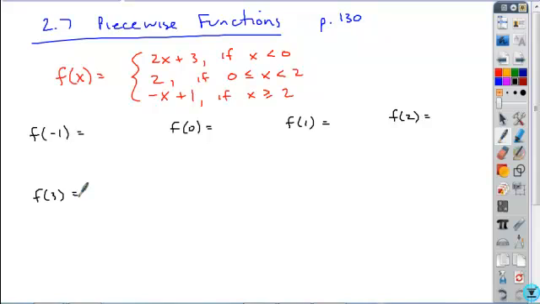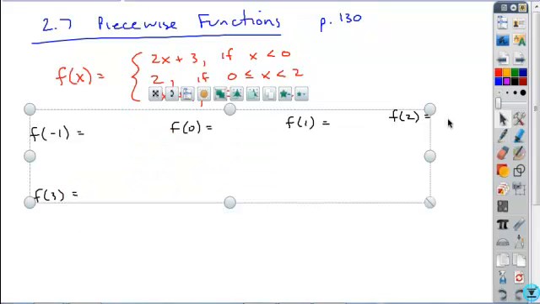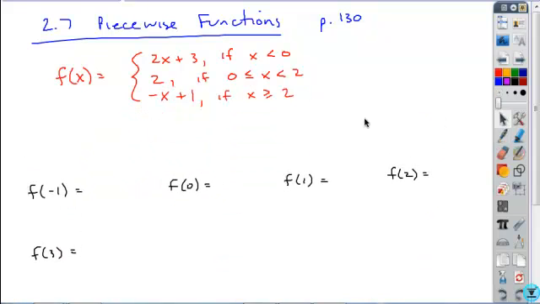If you're being asked to evaluate each of these, the way that you're doing this is you'll plug in your value based on whichever domain interval is identified. Okay, so this is the condition.